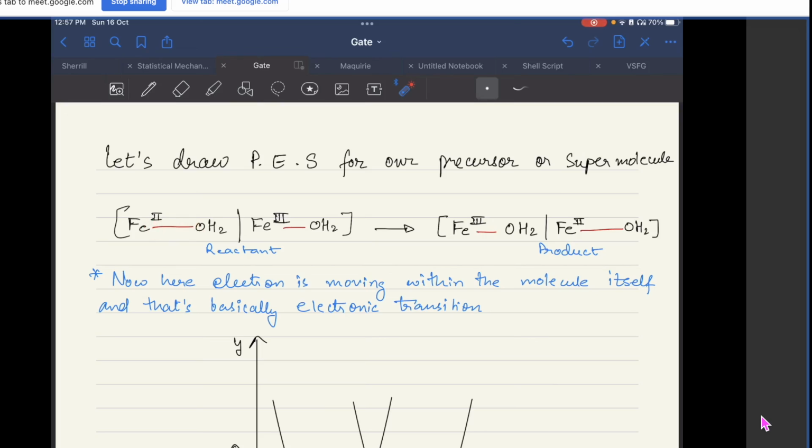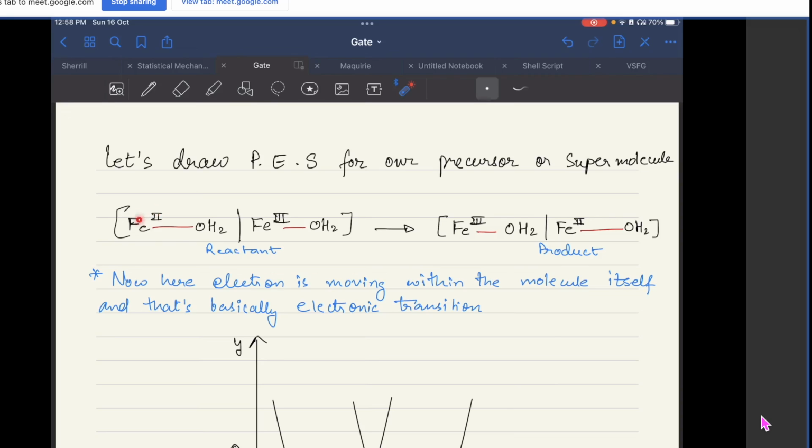I also made it a little observable that this bond length is a little bigger than this one, and this one is a smaller bond length than that one, so that we can observe the actual difference in the structure.